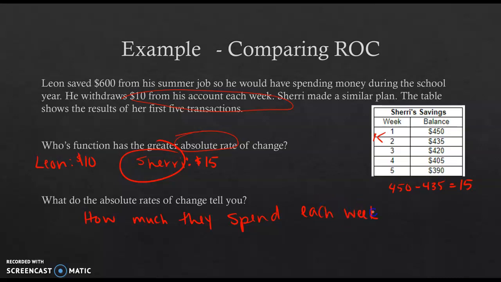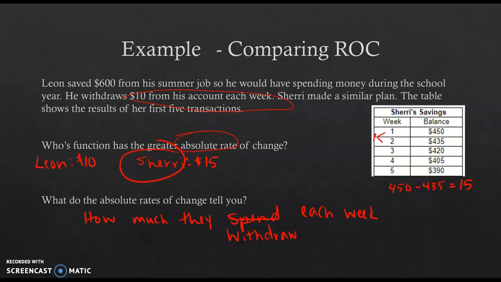Or even not so much spend, but withdraw in order to spend. So he withdraws $10 each week. She keeps withdrawing $15 each week. So it lets us know how much they withdraw each week.